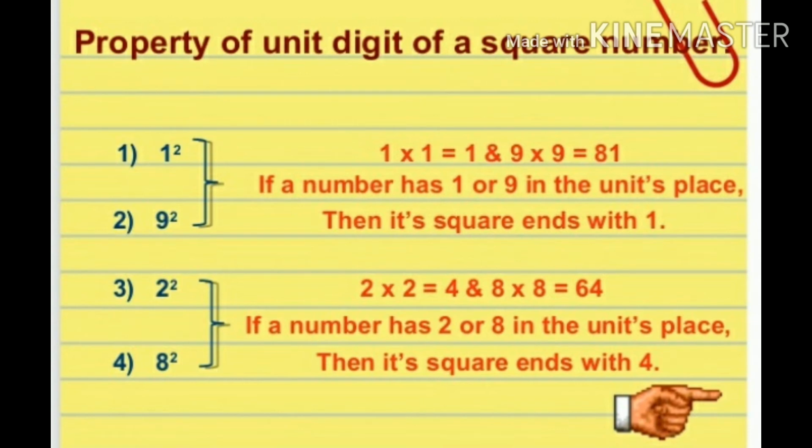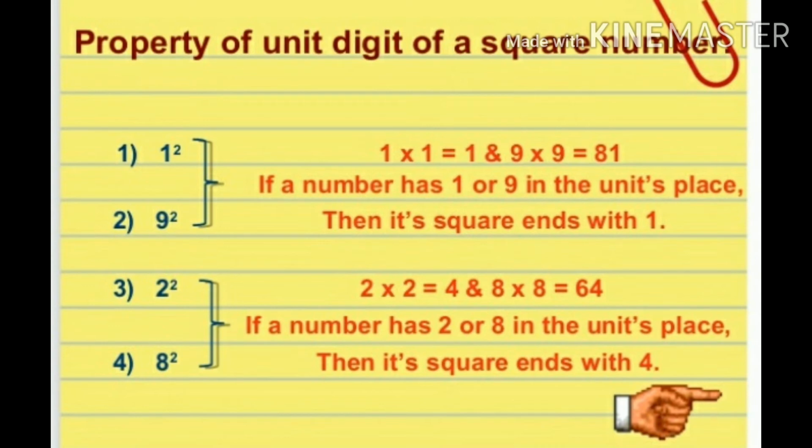If a number has 1 or 9 in the units place, then its square ends with 1. You see the two squares in the given examples. 1 squared is 1, it ends with 1. Similarly, square of 9 is 81, it also ends with 1.